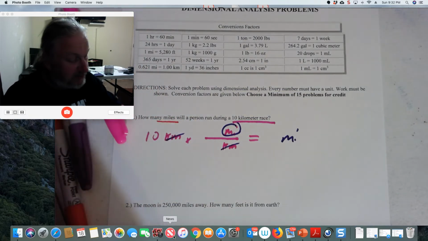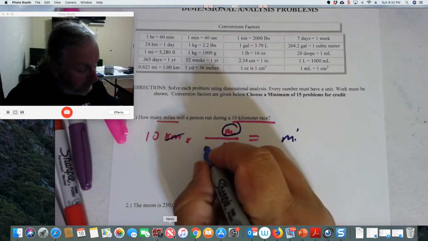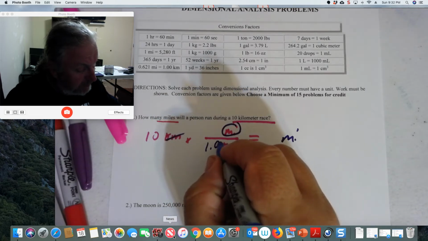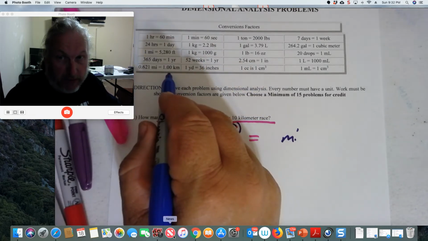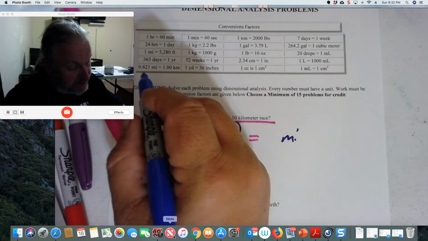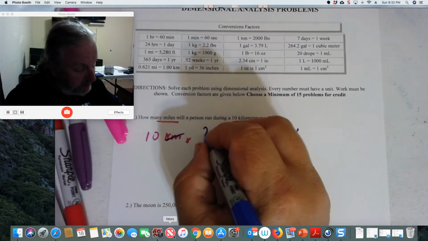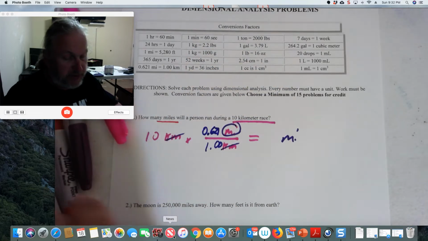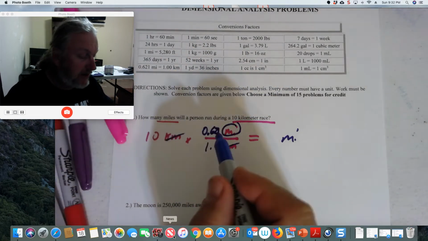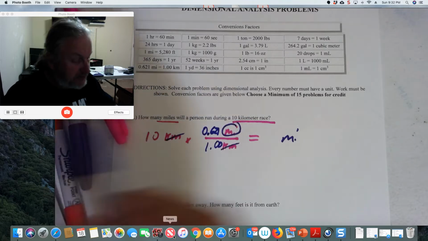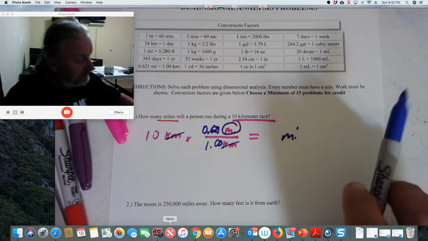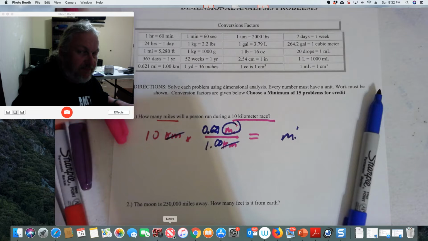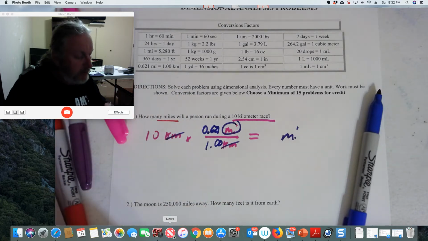Okay, so let's start putting some numbers in. 1 kilometer, because it said 1 kilometer. And 0.621 miles in 1 kilometer. Now I put that number up there for a reason, because that's what it said, not how it's up here on the sheet, but what unit it goes to.